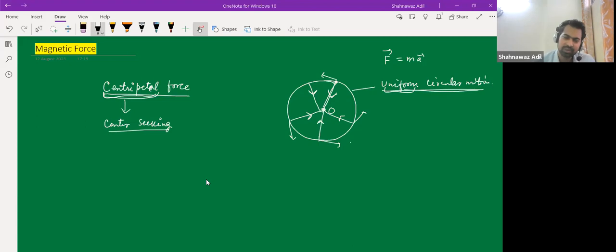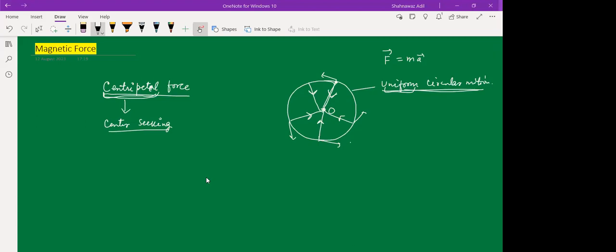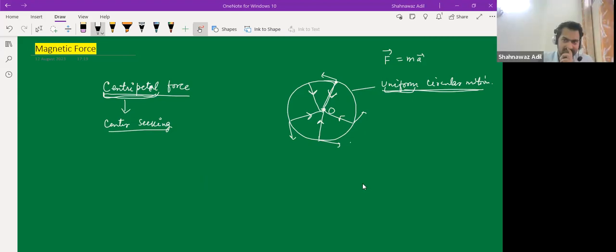What is a uniform path, Mariam? Covers equal distance in equal intervals of time. Yeah, so if it covers equal distance in equal intervals of time, that is uniform speed, right? Speed is constant. So uniform means same or constant.